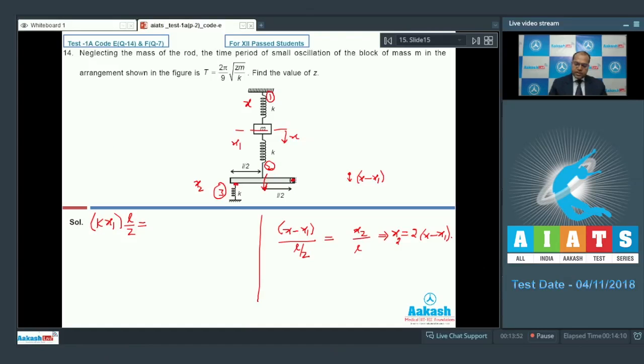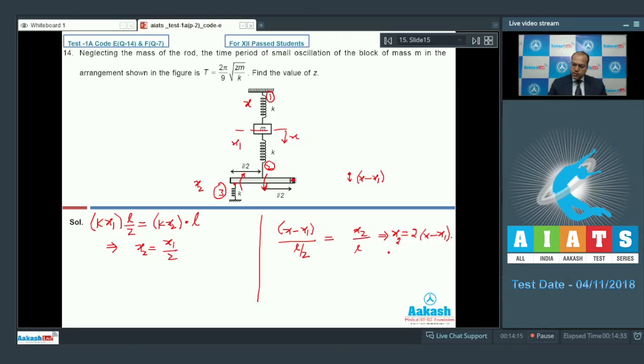Since this spring is in compression, the torque of this spring force will act in this direction. So that must be equal to k into x2, that is the force, into the point of application which is at a distance L, so that into L. So from here we can get the value of x2. The value of x2 is x1 by 2.